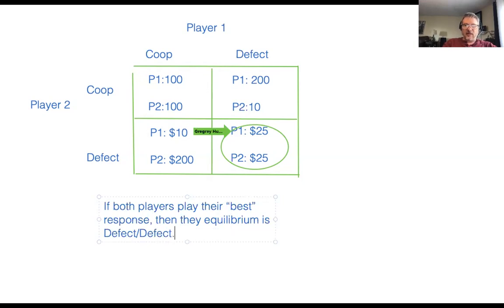And this is called a Nash equilibrium. And so it's not a Nash equilibrium because they end up playing defect. It's a Nash equilibrium because they're both playing their best response.